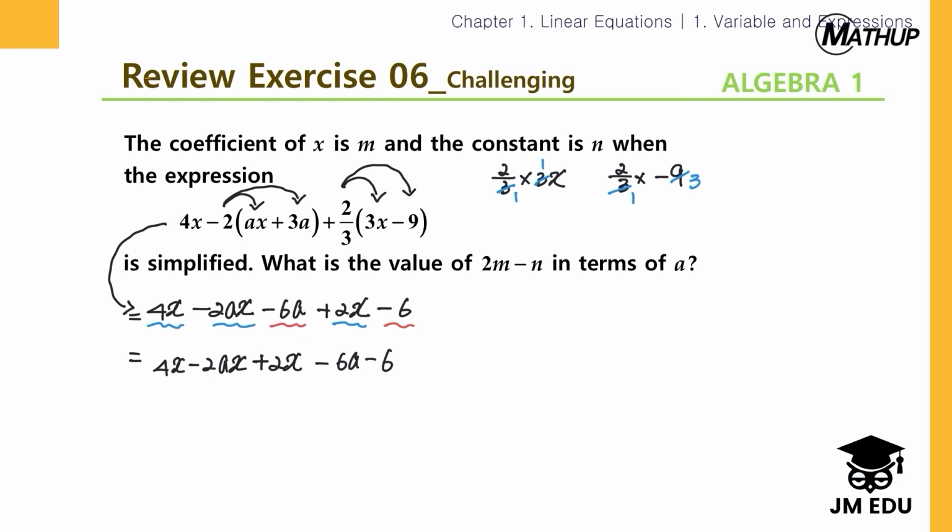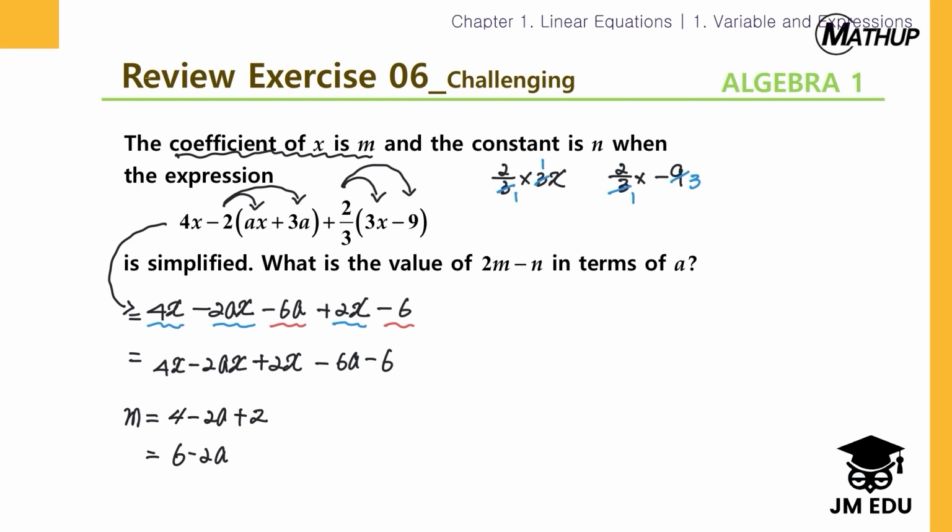So if you look at the coefficients, we have 4 minus 2a plus 2. These are coefficients of x. So m is equal to, which is a coefficient of x, right? 4 minus 2a plus 2. So that's going to be 6 minus 2a.